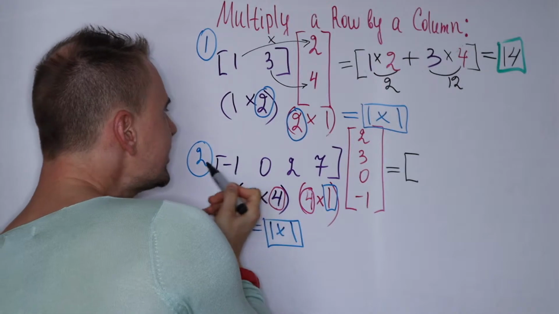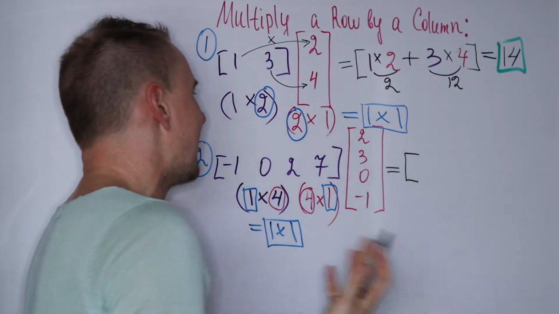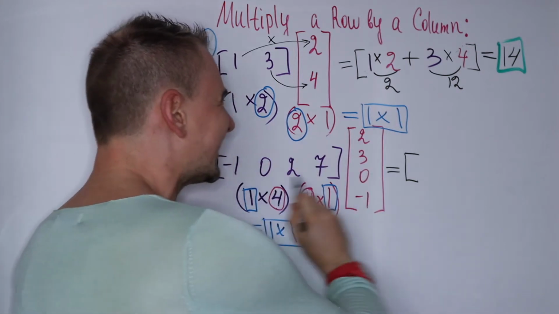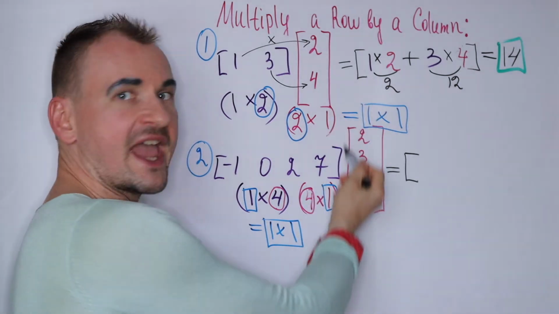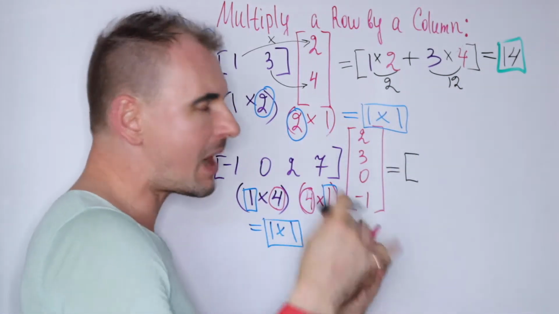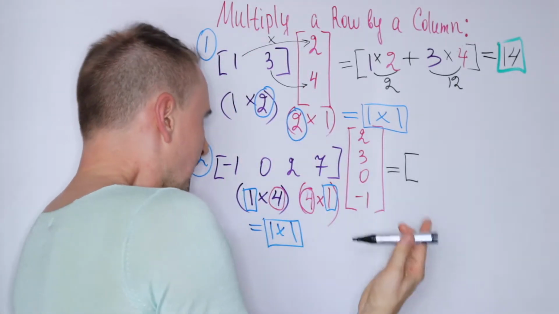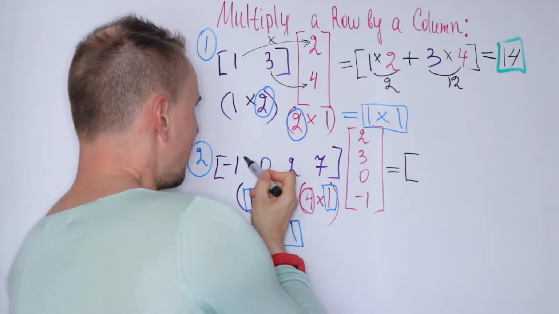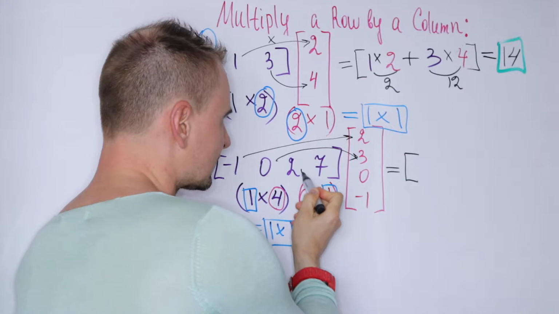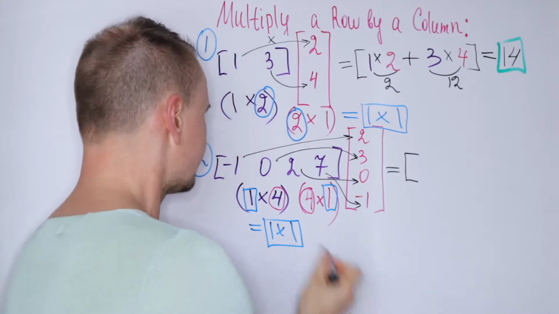You take each element of the first matrix, which is a row, and multiply by each corresponding element of that column, and you sum up the resulting products. So -1 times 2, 0 times 3, 2 times 0, and 7 times -1.